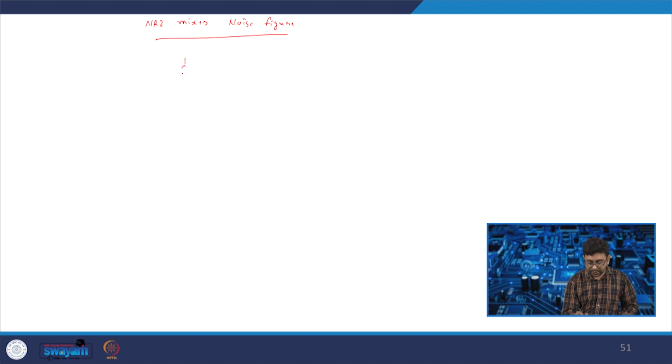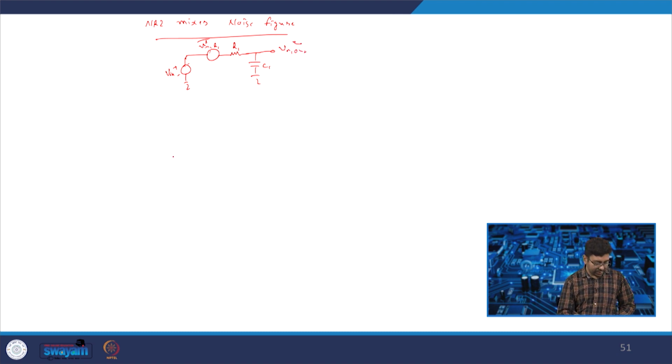One is Vn in, then Vn in into R1 square, this is C1, Vn in out square.